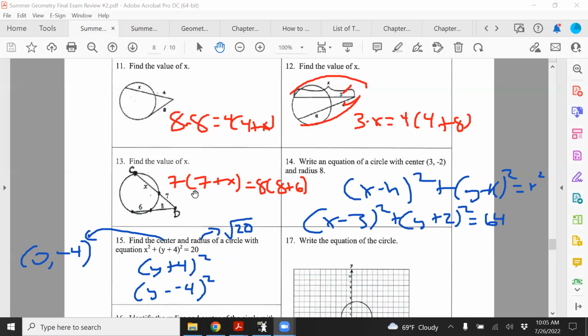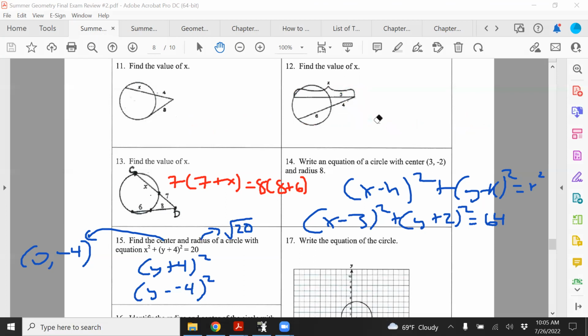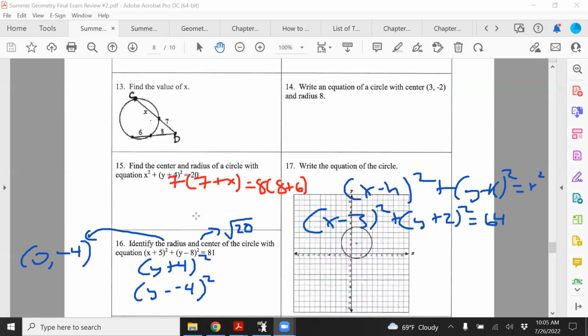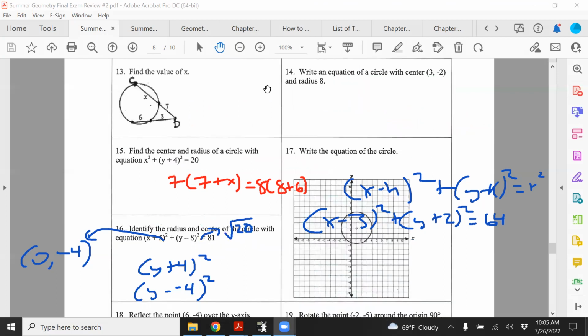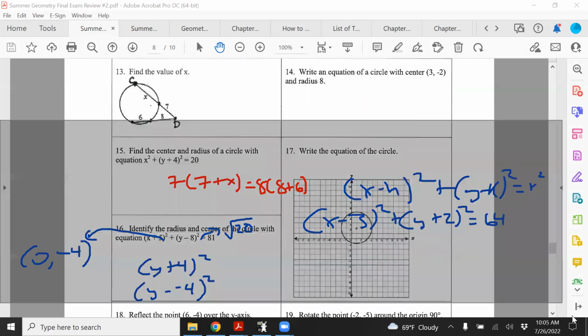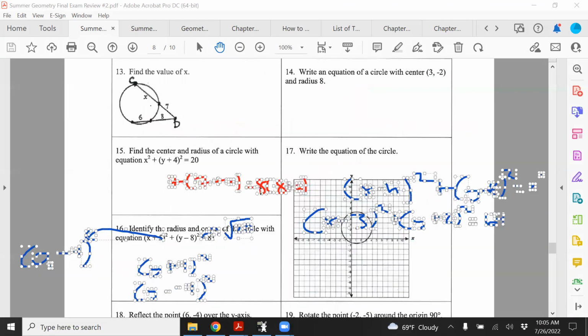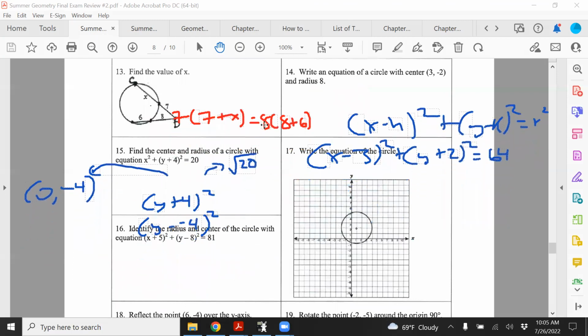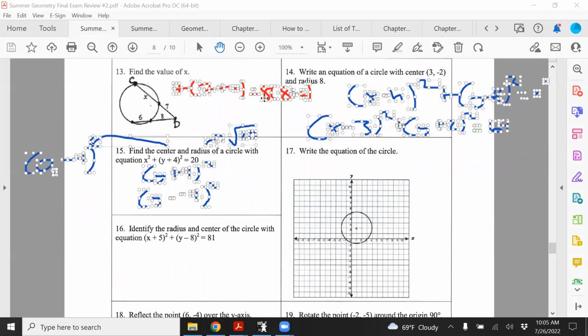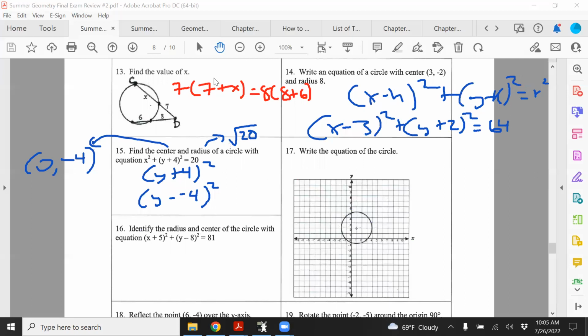Questions on those so far? Nope. Let me erase this other stuff here. All right. Okay. 1, 2 is the center.